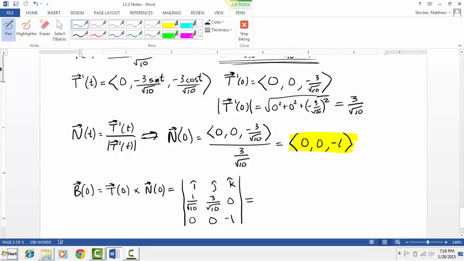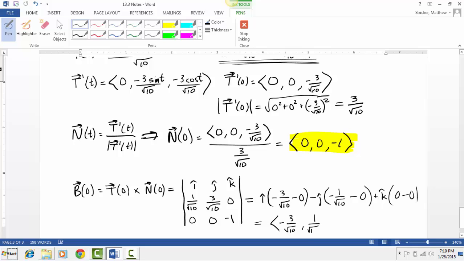If we take that determinant, the first thing we see is that we get i times negative 3 over root 10 minus 0, minus j times negative 1 over root 10 minus 0, and lastly plus k times 0 minus 0. So this only has an i and j component. The i component is negative 3 over root 10, and the j component is 1 over root 10, and there's no z component, it's 0.